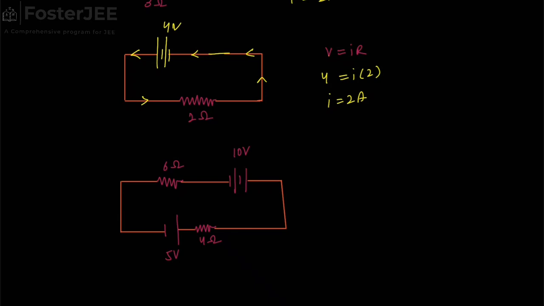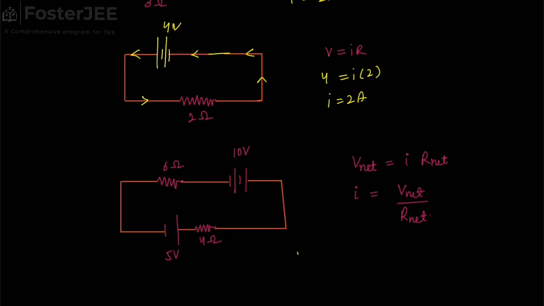In that case, we will simply use V net equals I times R net, or the total current in the circuit is given by net EMF or voltage upon net resistance. For instance, we can see, as we have also learnt in our elementary classes, that these resistances are in series.